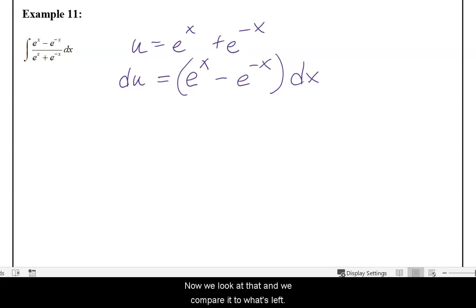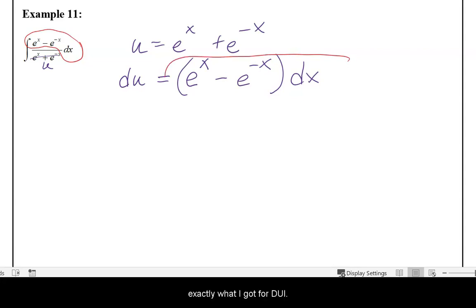Now we look at that and we compare it to what's left. Remember that I substituted for the denominator, which leaves the numerator and the differential dx, but that's exactly what I got for du.